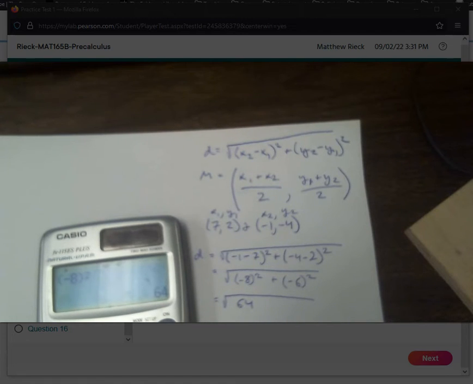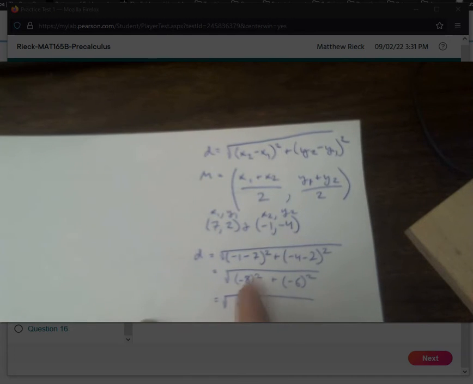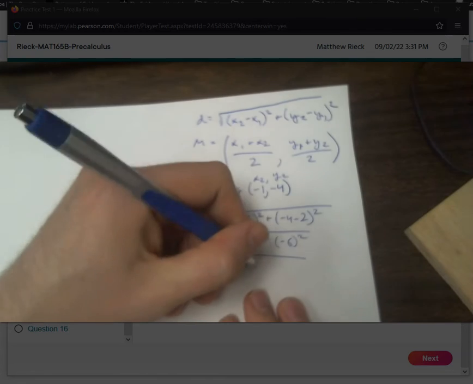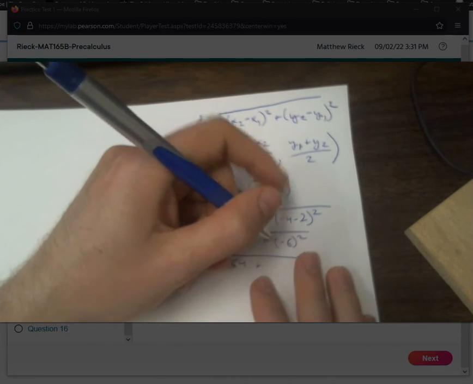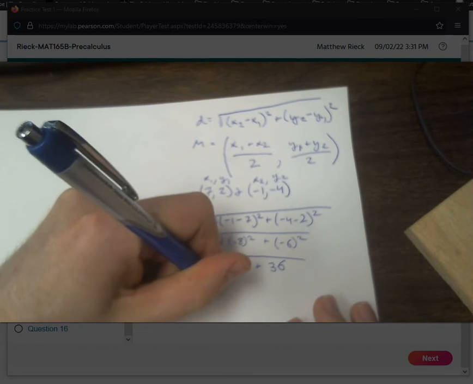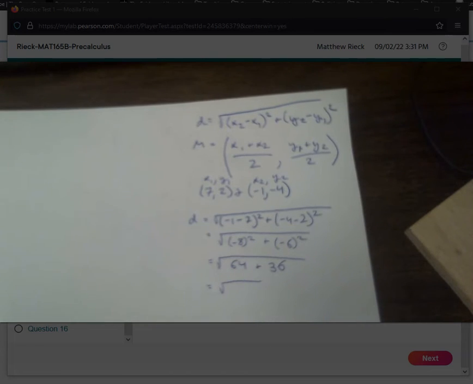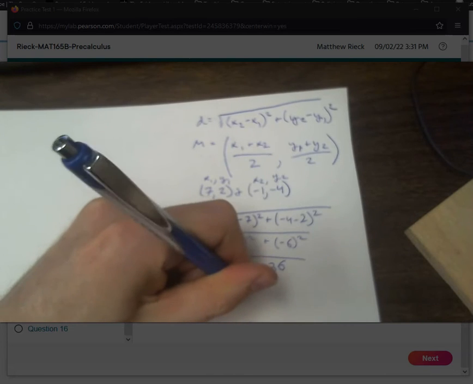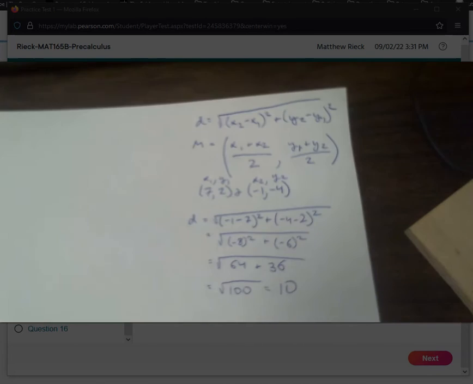Because if you don't include the parentheses, if you just have -8 squared, it's going to take 8 squared and multiply that times -1. So make sure you include those parentheses in your calculator. And then -6 squared is going to be 36. So 64 plus 36 is 100. So you have the square root of 100, which equals 10.